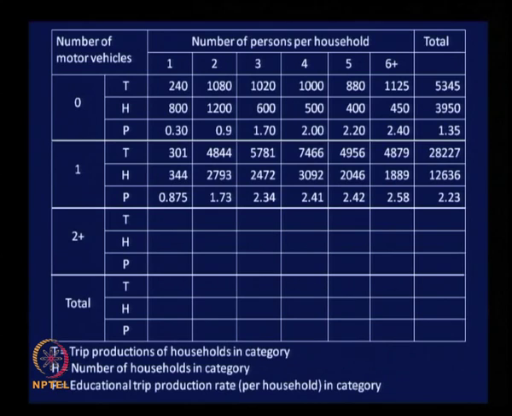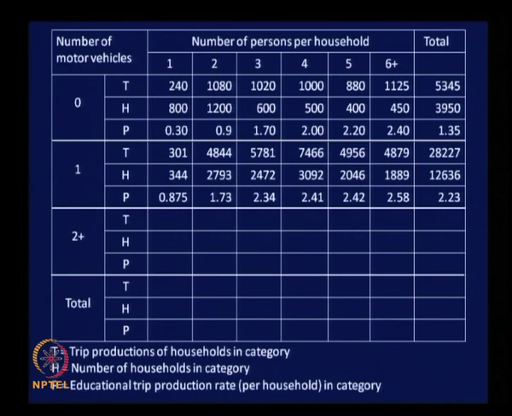And similarly, if we compare the final value, it was 1.35 earlier, it is now 2.23. Again, the influence of vehicle ownership is significantly brought out in this particular case.